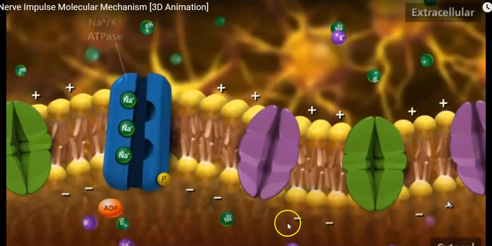The reason they're more negative on the inside is because there are also large protein molecules in here that lend a net negative charge to the inside of the neuron cell membrane. Okay, so that's left out most times. Bottom line is positive outside, negative inside, and it's the arrangement of the sodiums and potassiums that we want to pay attention to.